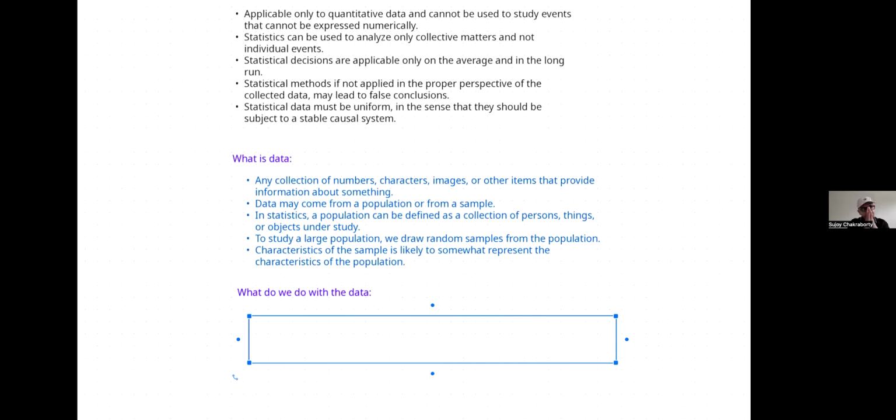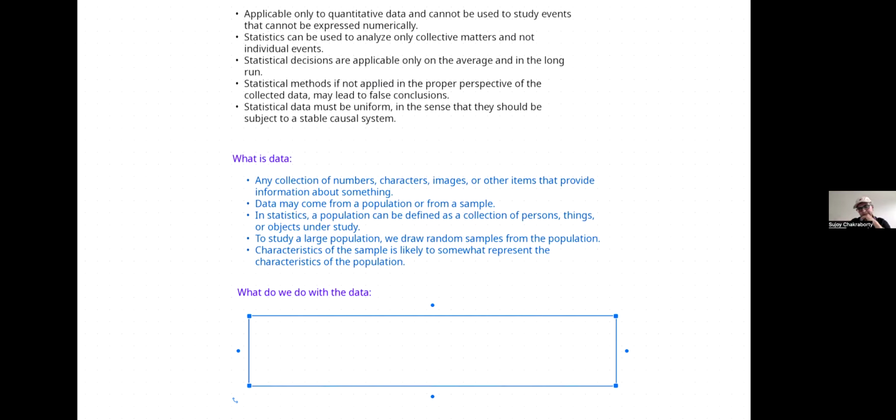And so the collected data, as I just mentioned, is of no value unless we can use it to make some decisions, right?